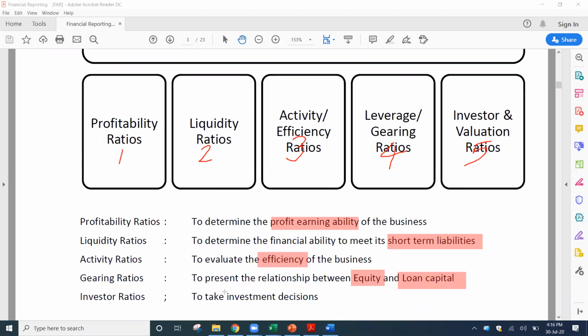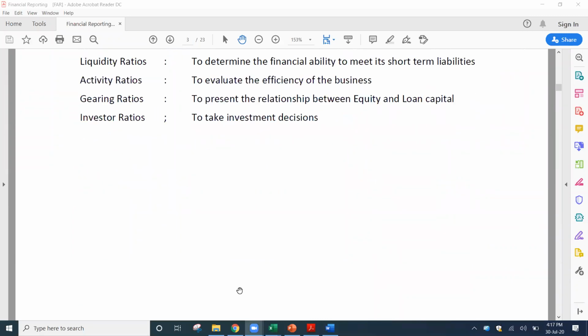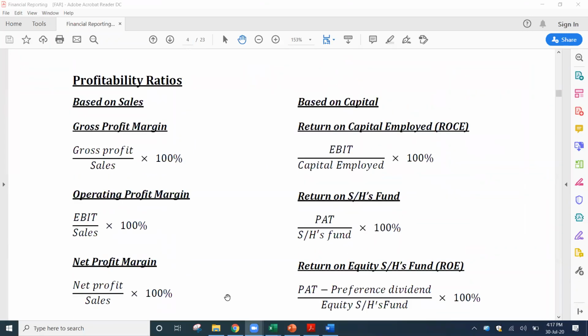Investor ratios are mainly to make investment decisions. So these are the 5 types of ratios: profitability, liquidity, efficiency, gearing, and investor ratios. Okay, so these are the ratios.